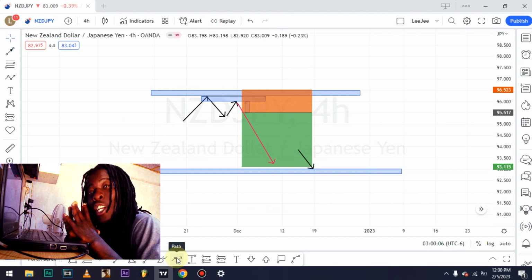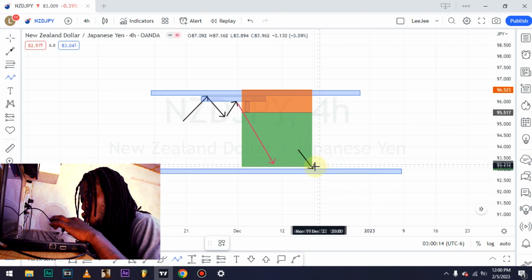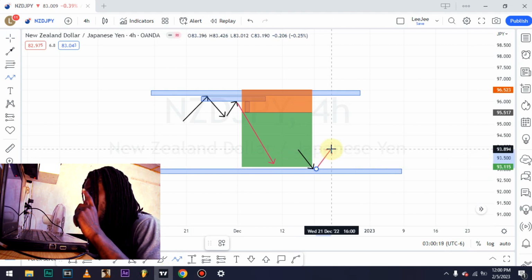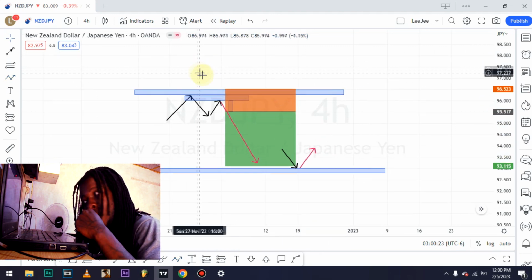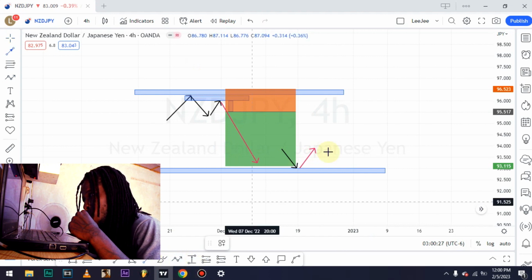We need new highs and new lows, higher high and higher low. So I will just wait for price to show me a push on the upside. After that, I will be waiting for a pullback to retest the previous support. This is what I'll be looking at.